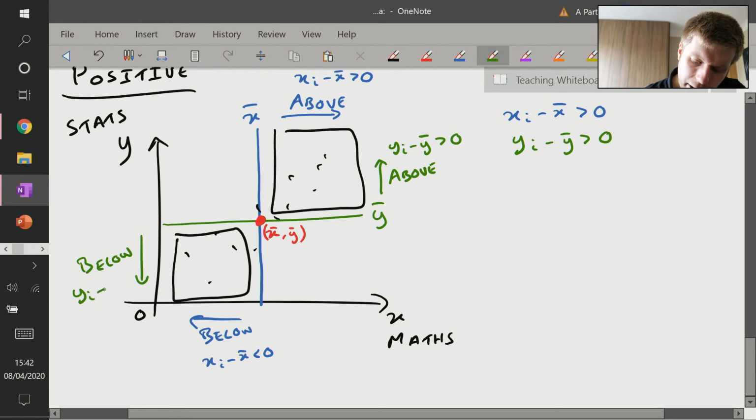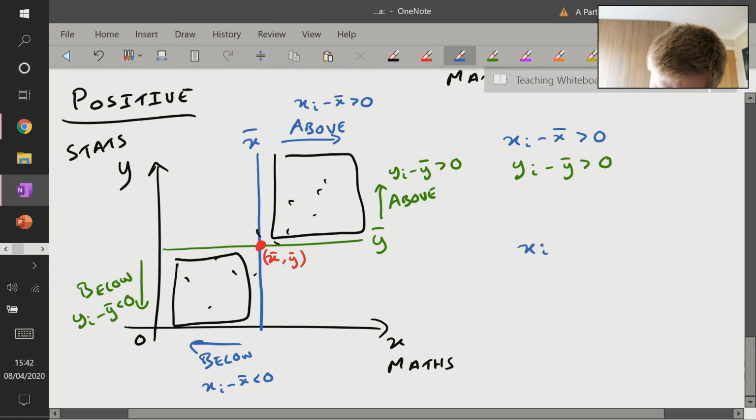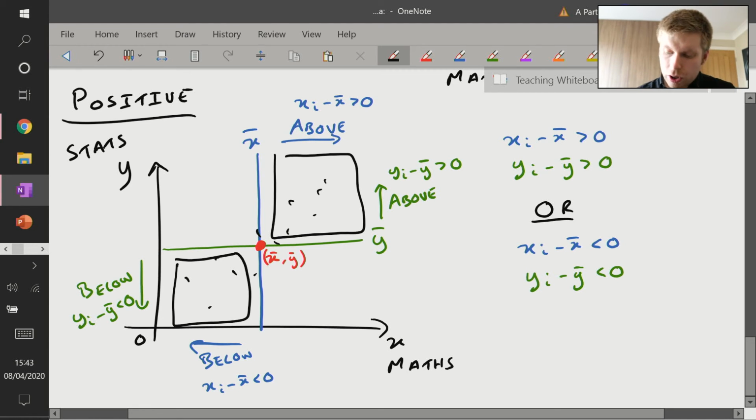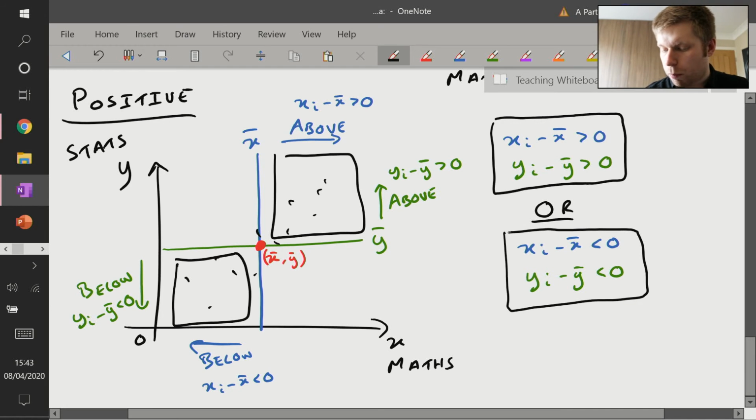So yi minus y bar is negative, because you're below average. So the other option for positive correlation is that xi minus x bar is negative and yi minus y bar is also negative. You can have these two things for positive correlation: you can either be above average on both papers or below average on both papers.